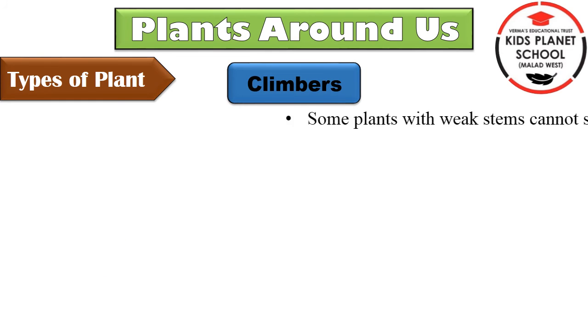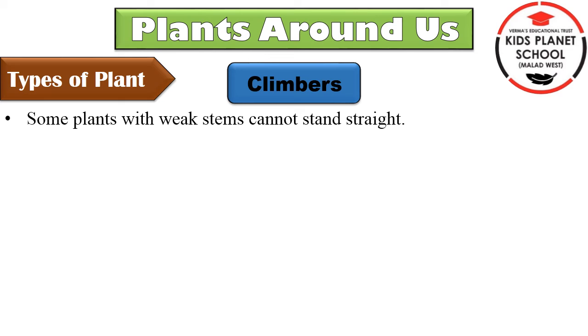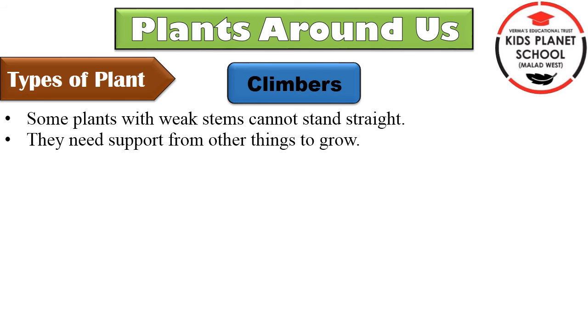Climbers. Some plants with weak stems cannot stand straight. They need support from other things to grow. Children, there are some plants whose stems are so weak that they cannot stand straight. They need support of other things to grow.